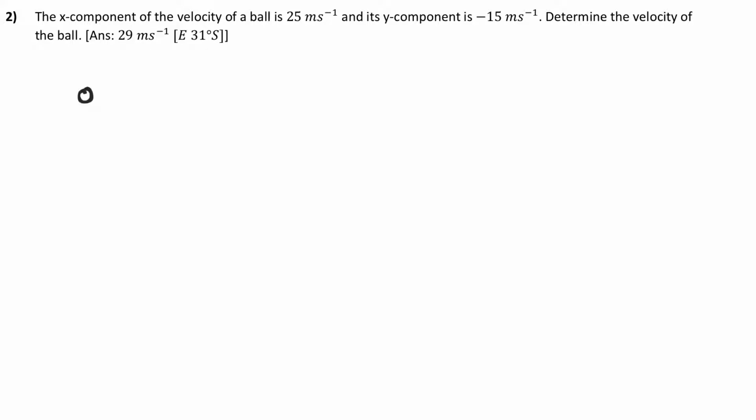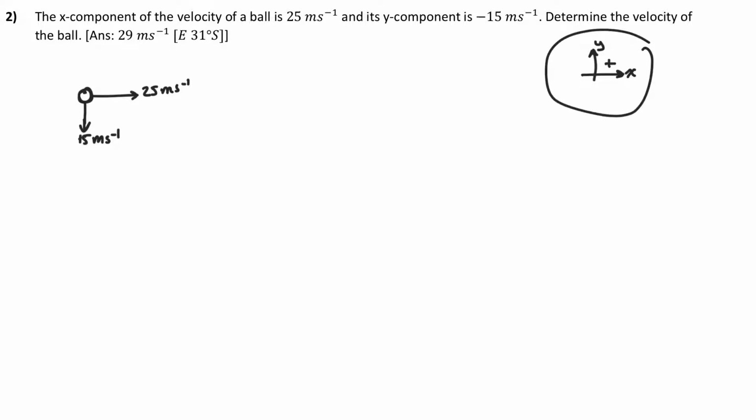It will have an x component of velocity, which is 25 meters per second, and a y component, which is negative 15 meters per second. So I'm going to take my positives to be up and right. So this is x, this is y, and I will highlight this as well.